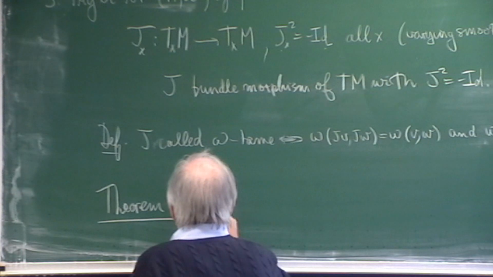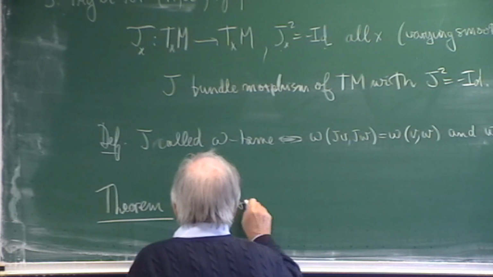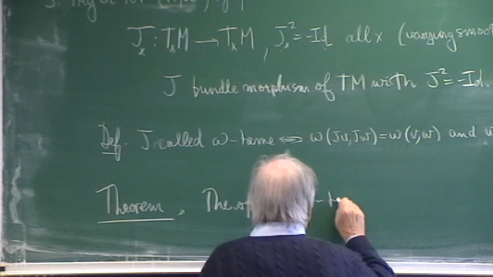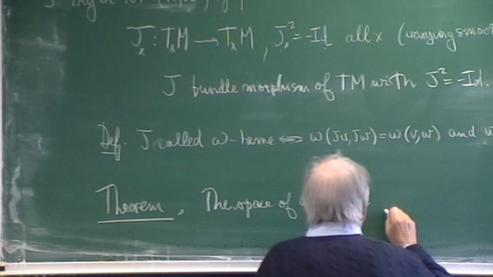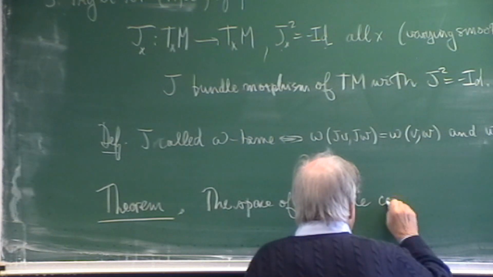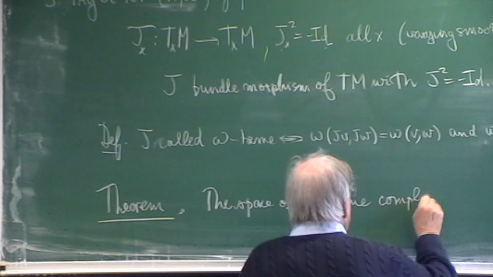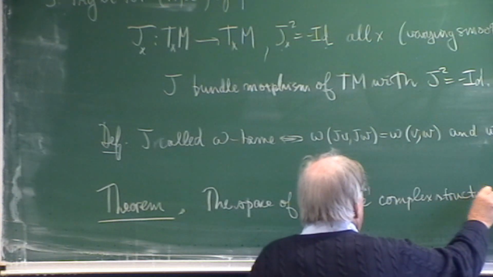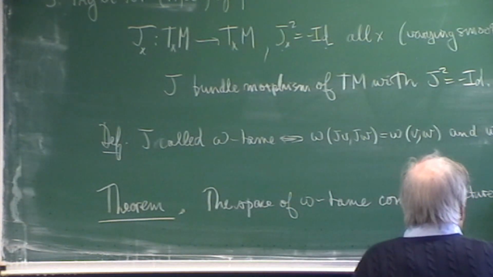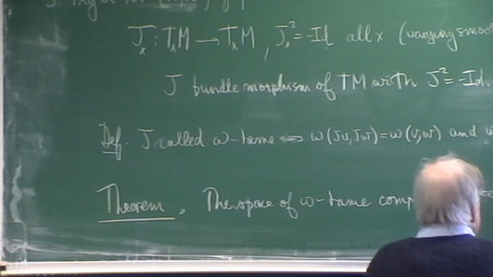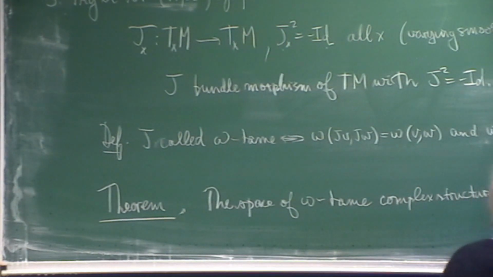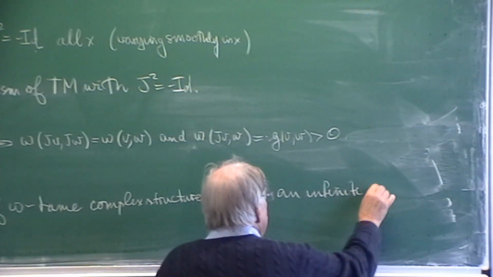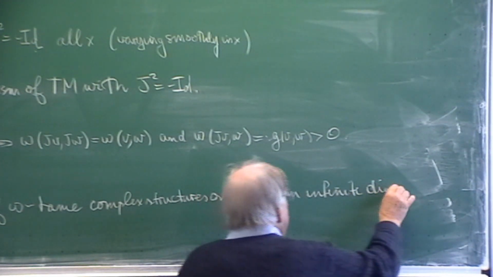The space of omega tame complex structures on M is an infinite dimensional contractible manifold. There are many.